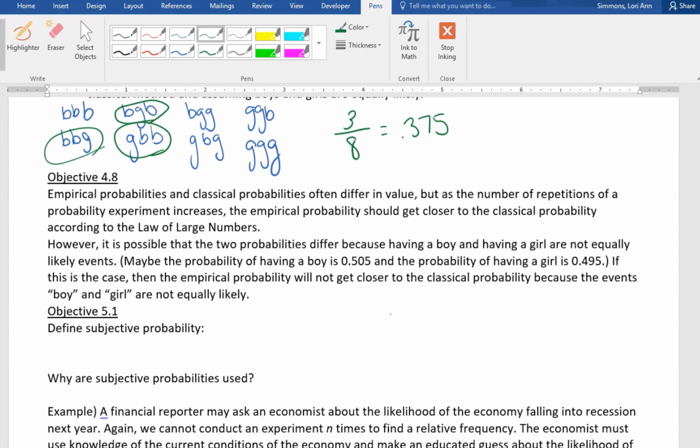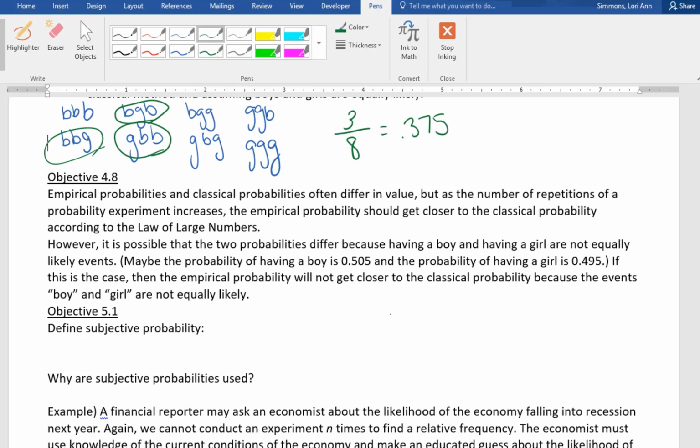Empirical probabilities and classical probabilities often differ in value, but as the number of repetitions of a probability experiment increases, the empirical probability should get closer to the classical probability according to the law of large numbers. So we've already discussed this, but I'm just reiterating it. However, it is possible that the 2 probabilities differ because having a boy and having a girl are not equally likely.